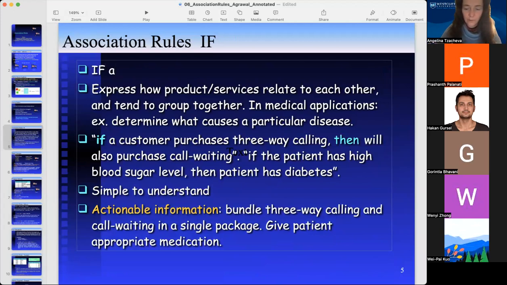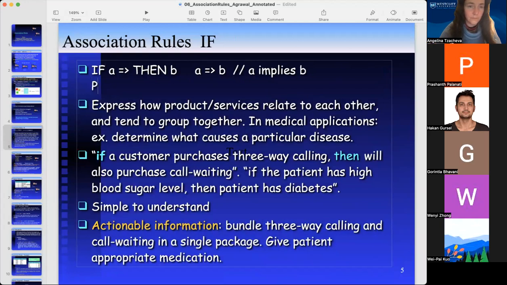If we have product A, then we have product B. For example, A implies B, pizza implies Coca-Cola.